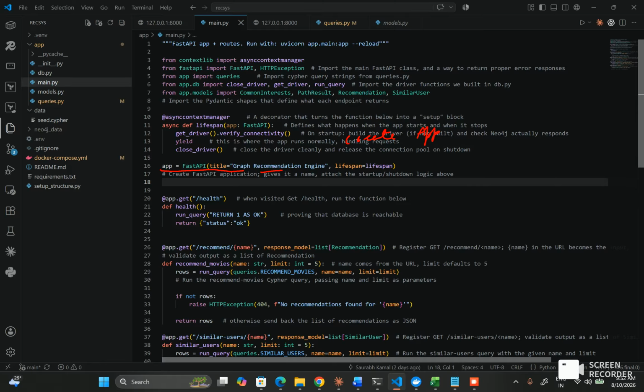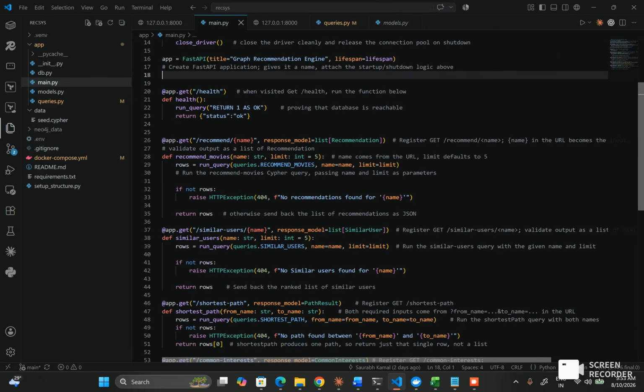Now the interesting part, this line right above the function. Let's take this one. This line starting with the at symbol is called a decorator, and it's what turns a plain function into an actual URL people can visit.